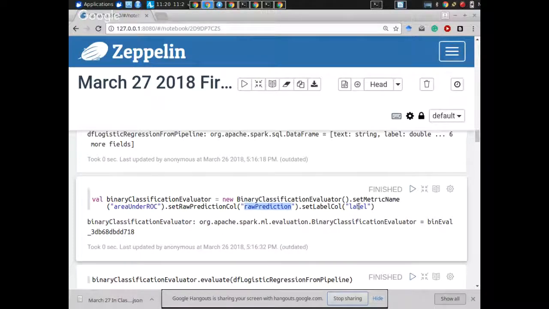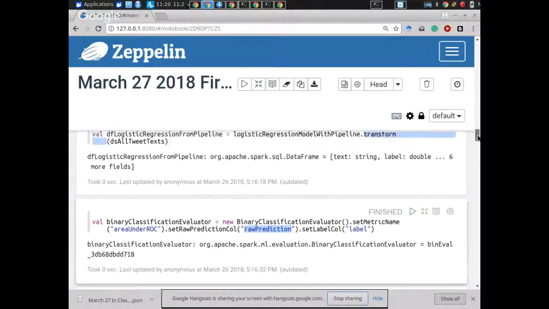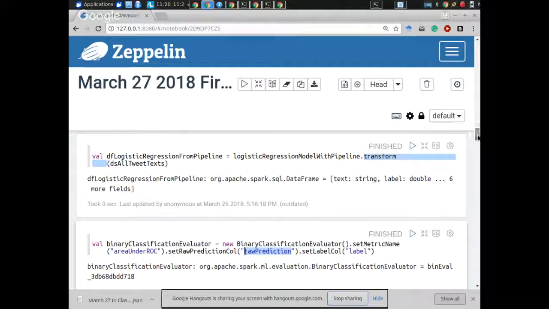Like, what's the ground truth label? This is the ground truth label. And what is the prediction of the pipeline? Where does that live? And how do we want to judge it? This is area under the ROC curve, which is basically judging the sensitivity and specificity over many, many different variants of parameters.